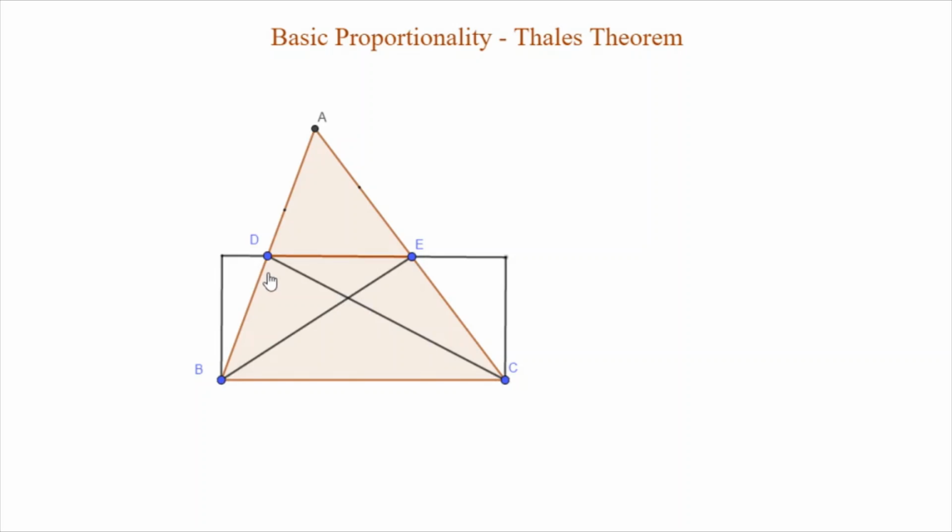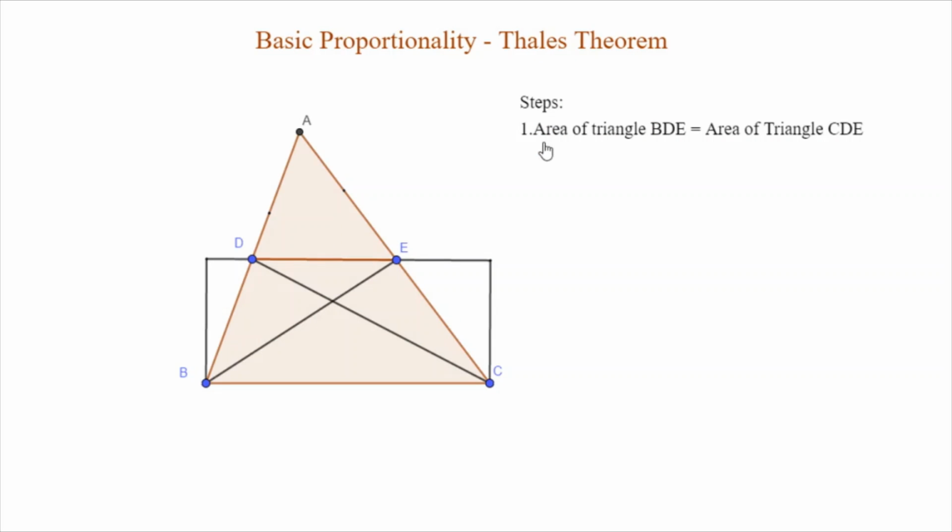So their heights are the same. And their base is also the same. We have taken the same base, which is DE. So both base and height are the same, which means their areas must be the same. Area of triangle BDE is equal to area of triangle CDE. This is the first step we have proved.